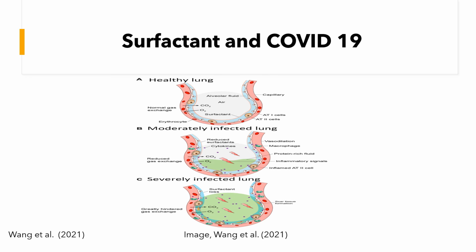So the SARS-CoV-2 virus, how it works is it damages the type 2 cells in the alveoli and decreases the production of pulmonary surfactant. The SARS-CoV-2 gains entry into the lungs through a receptor called the angiotensin converting enzyme 2 receptor, or ACE2, and this receptor is on the lungs.